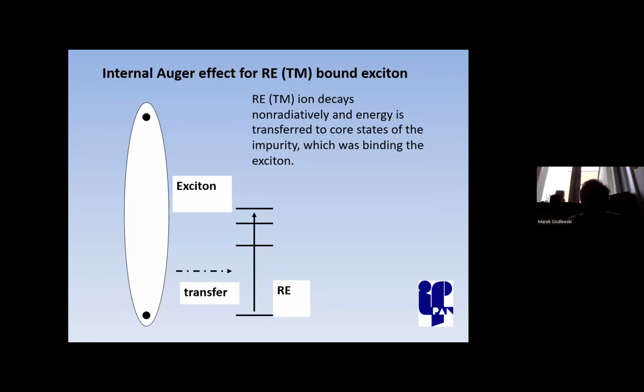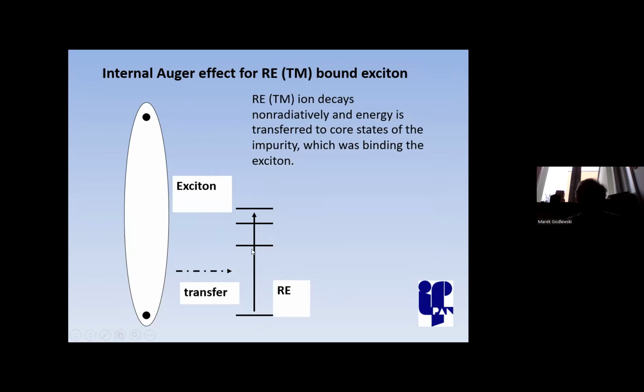What was proposed, and this is a problem I discussed with the reviewers, Marco Leskela, looking through many direct and indirect reports for both transition metal ions and rare earth ions, is that such a center can bind an electron-hole pair.